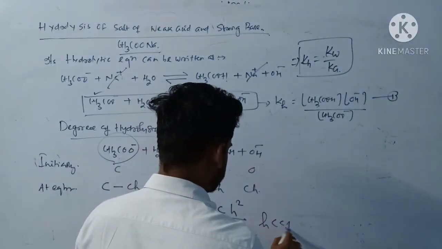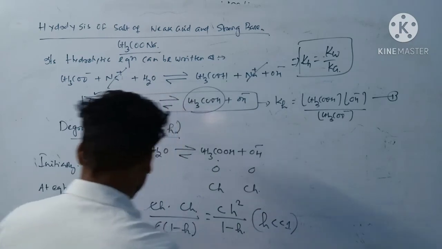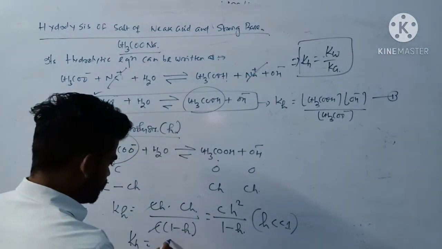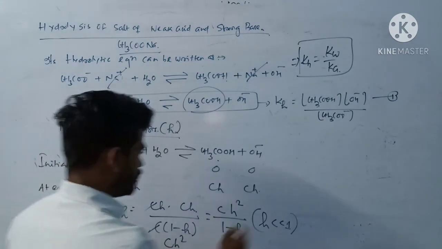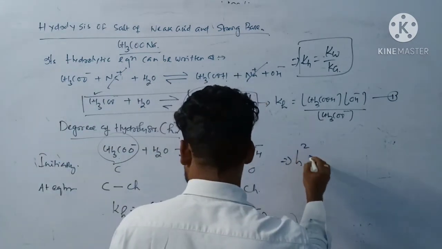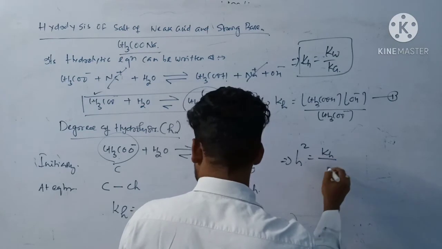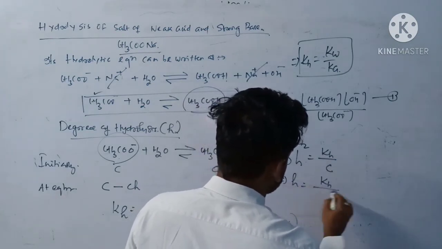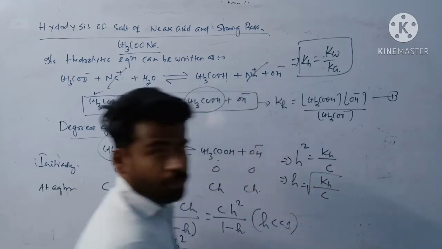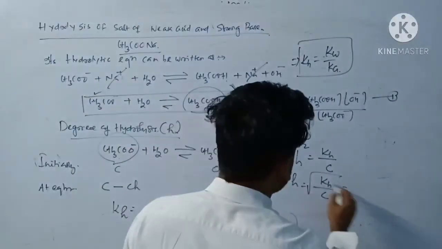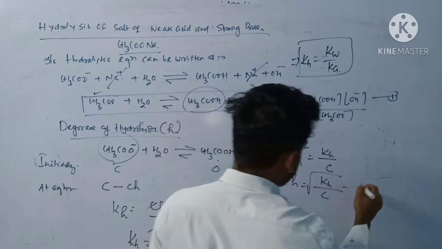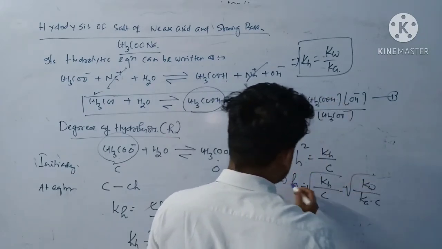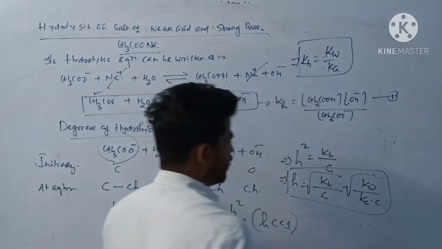So KH can be written as Ch square. So that implies h square is equal to KH by C. So h is equal to root over of KH upon C. And what is the value of KH? You can tell me, KW by Ka into C, that is the value of hydrolytic constant.